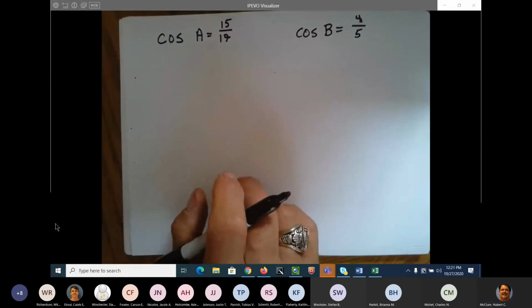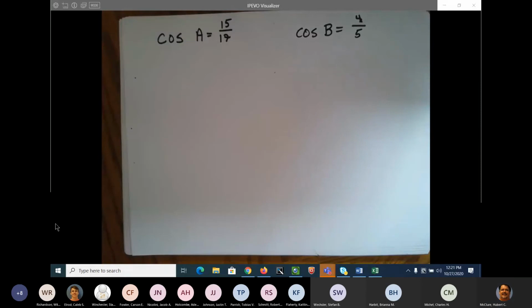Anybody? Make a right triangle. Good. Make a right triangle, because you know the trigonometric functions are for right triangles. And what do you use for right triangles when you want to find something? Pythagorean theorem. That's right.